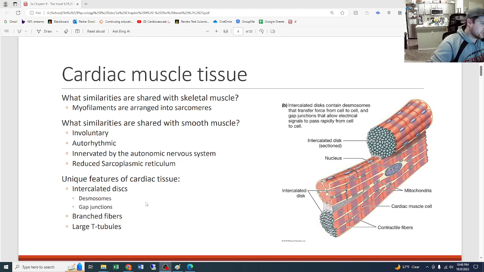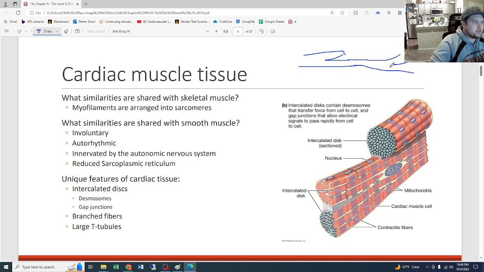And then gap junctions, which we've talked about, where the cells have little openings like this to go into the next cell to connect, to allow the electrical signal to pass through freely.